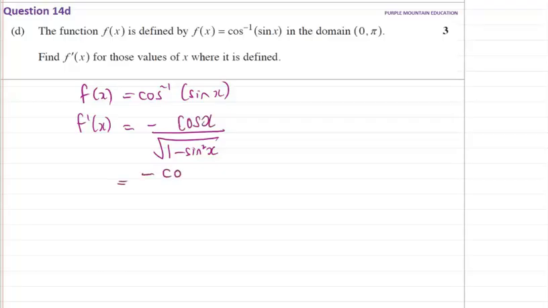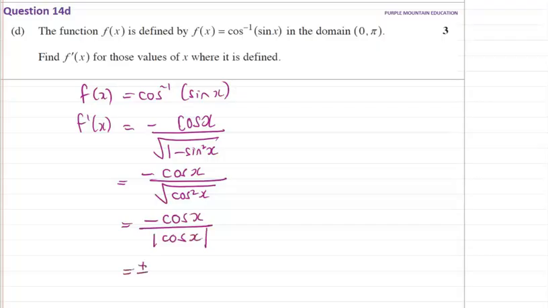So I've got minus cos x over the square root of cos squared x. So that's minus cos x over the absolute value of cos x. So that's going to be either plus or minus 1. And let's see where that's the case.